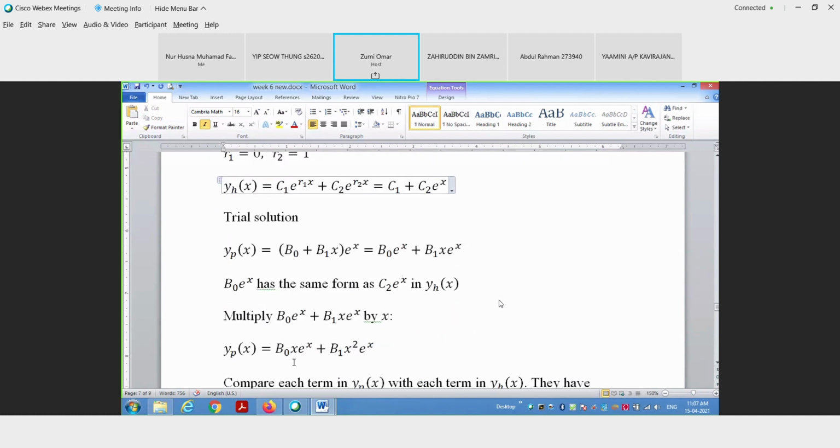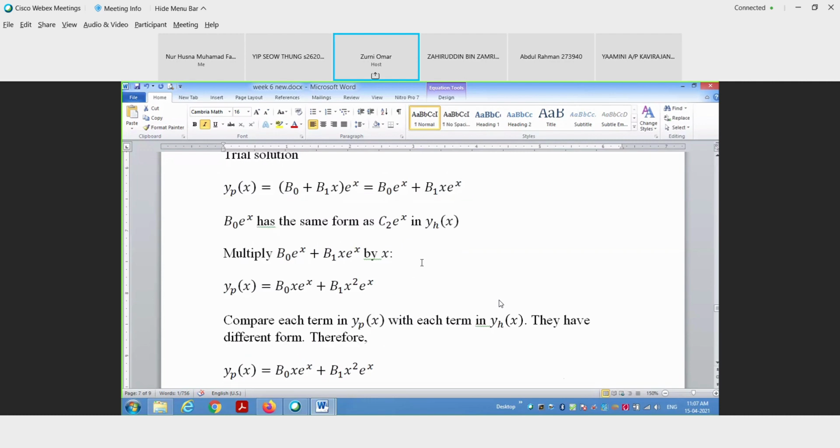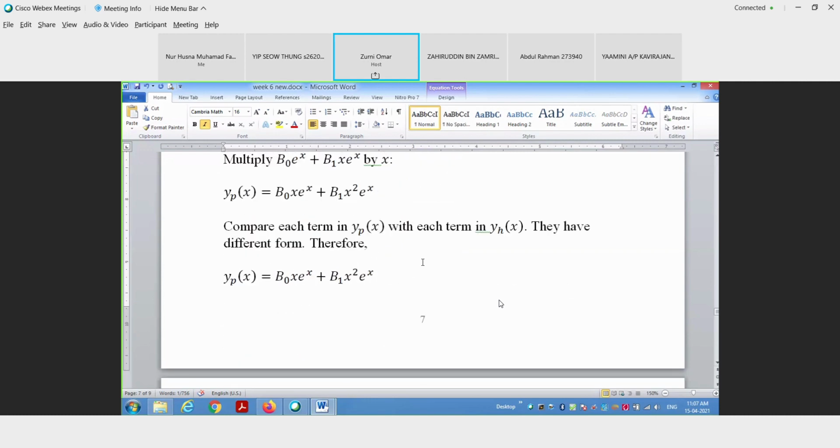Now you have b0 x e^x plus b1 x squared e^x. Then you need to compare again. Compare b0 x e^x with this. They are not the same. c1 is not the same. b1 x squared e^x compared with c1, compared with c2 e^x, they are not the same. Then we stop.